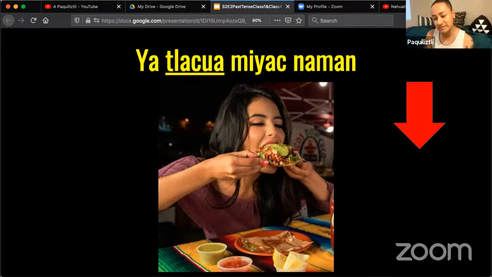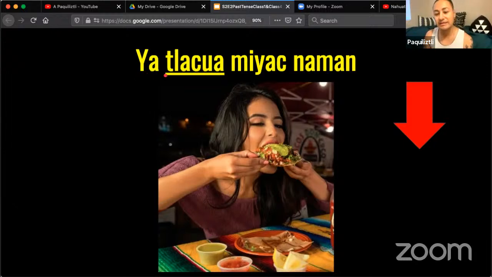Because we don't want to specify everything that she's eating, we just say tla. Tla means things. So when we say ya tlaqua, we're saying she eats things. It could also be translated as she eats in general, because in Nahuatl, if you want to say something in general, you put tla. So ya tlaqua translates as both she eats or she eats things.